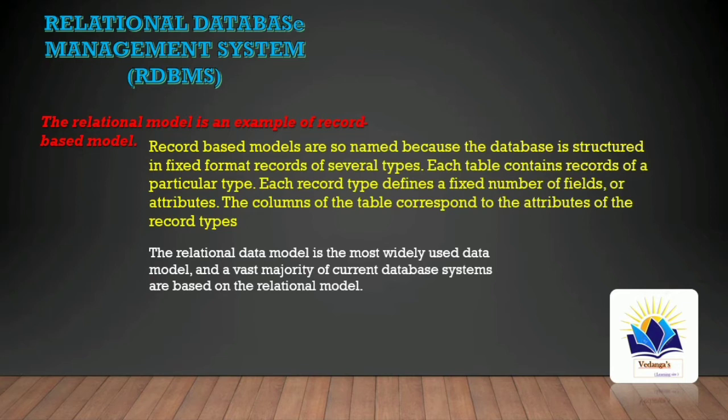In this, each table contains records of a particular type, and each record type defines a fixed number of fields or attributes. The columns of the table correspond to the attributes of the record types. The relational data model is the most widely used data model, and a vast majority of current database systems are based on the relational model.